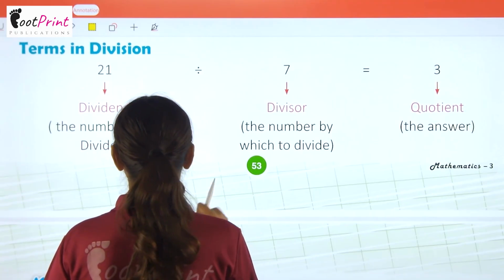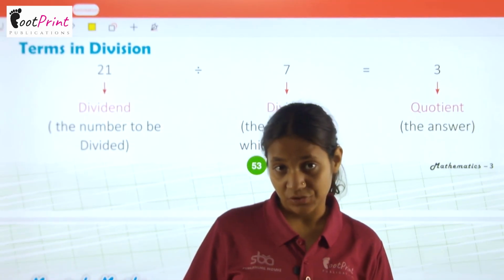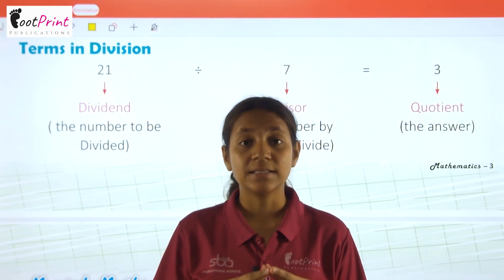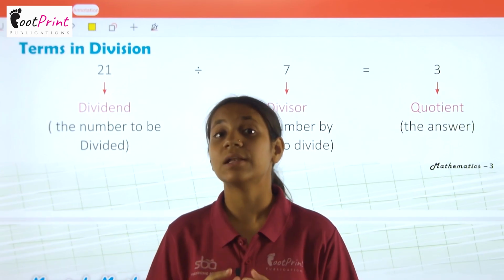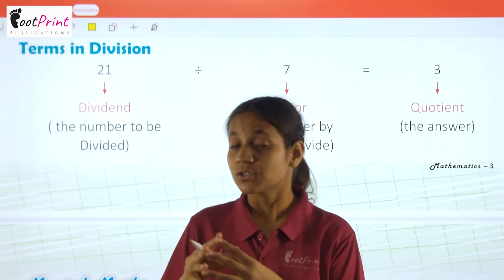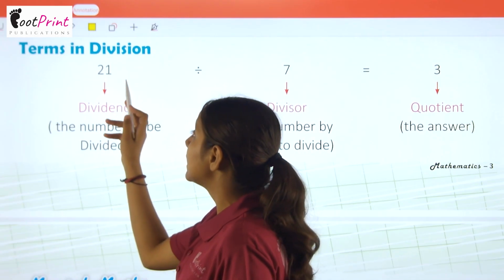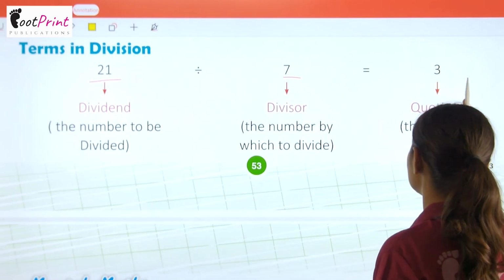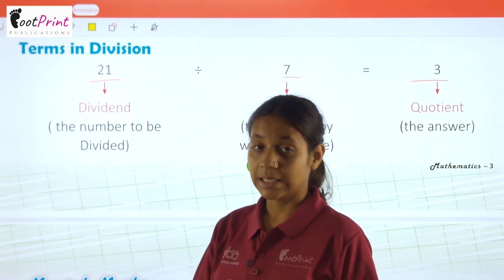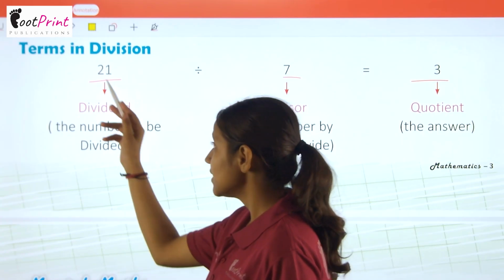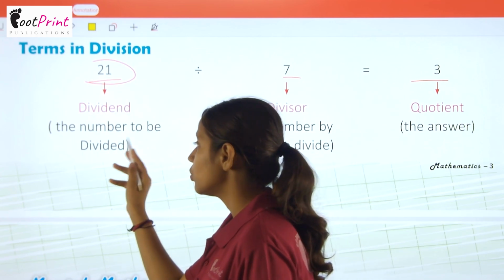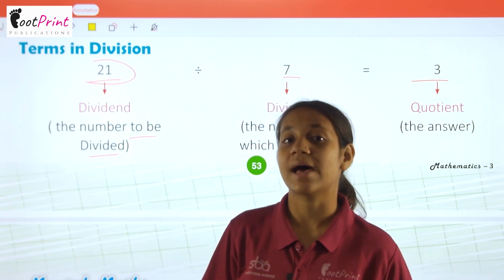Now we have the topic of terms in division. We should know that when we do division, it has some terms. Every value has a name. So let's understand them. 21 divided by 7 gives us the result of 3. In this equation of division, this 21 is the number to be divided, and this is known as dividend.